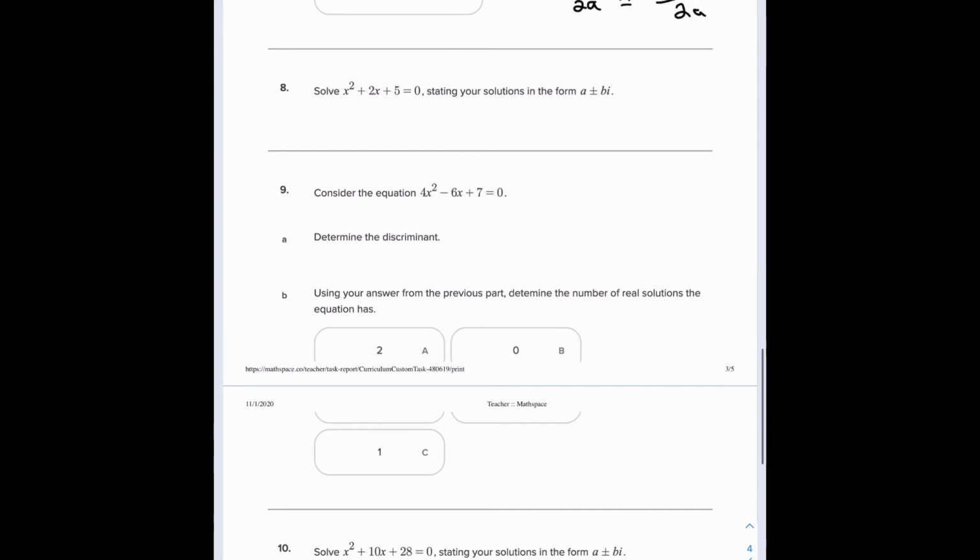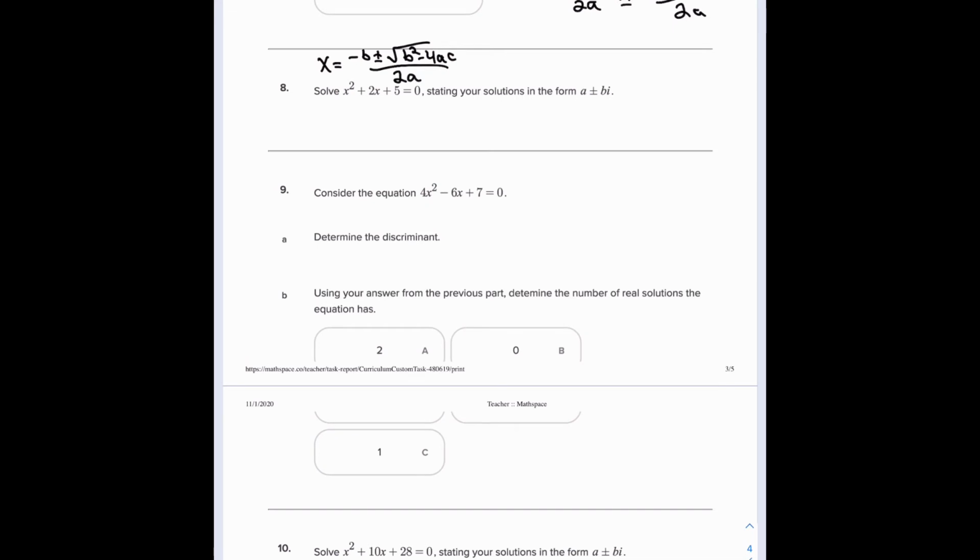Okay, now we're going to solve this equation, which we're going to get to use our friend the quadratic formula. x equals opposite b plus or minus the square root of b squared minus 4ac all over 2a.